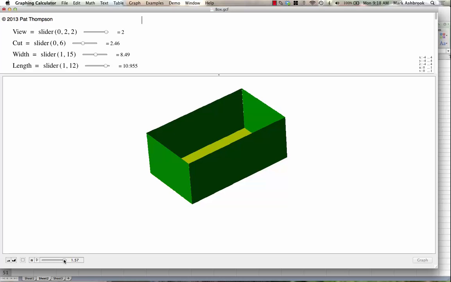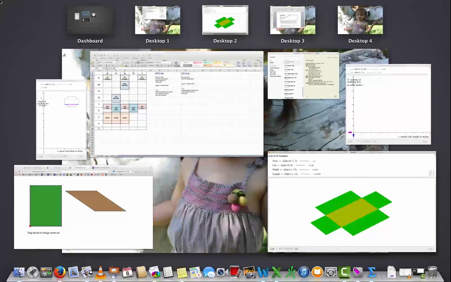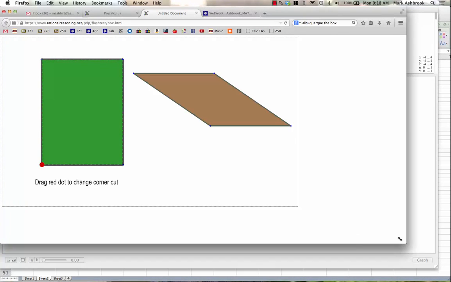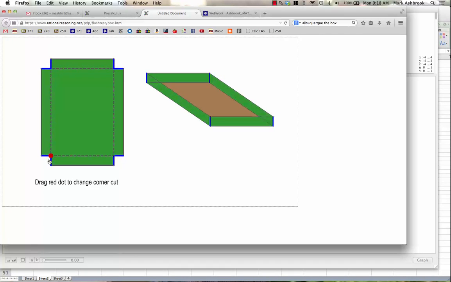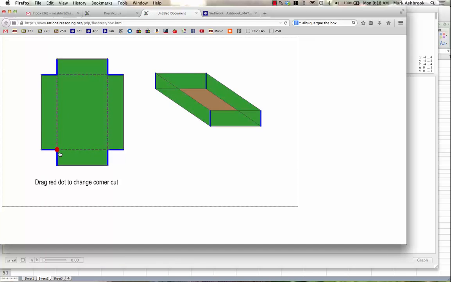So here's another kind of view of that, where we can view the size of the cut and the resulting box as I change the size of the cut like that.